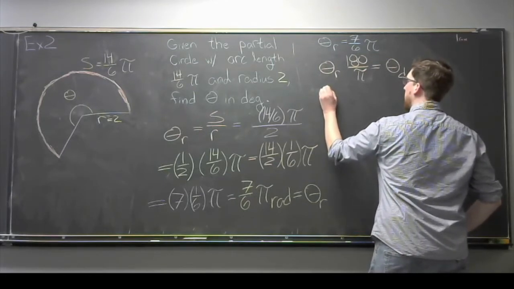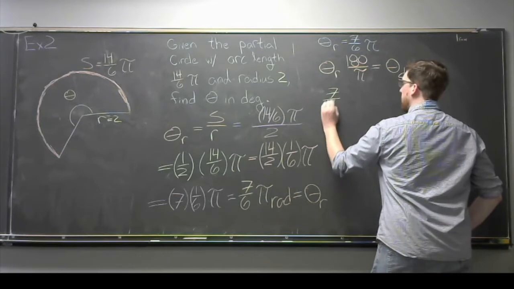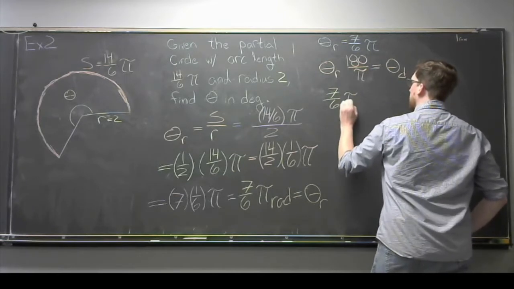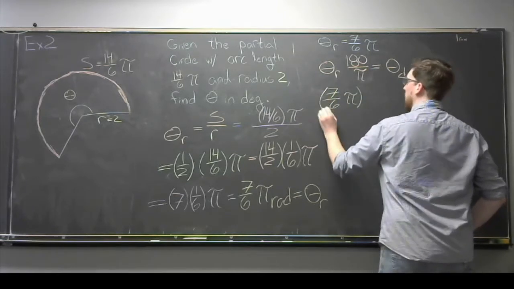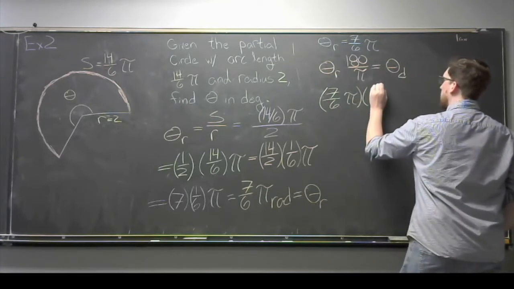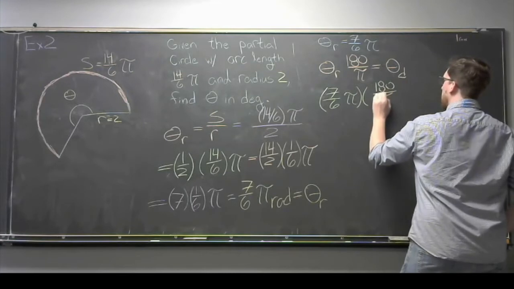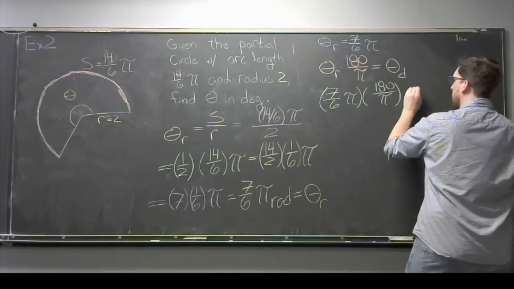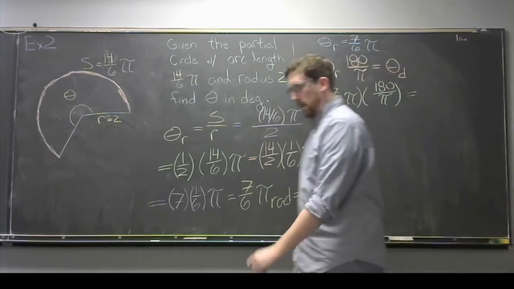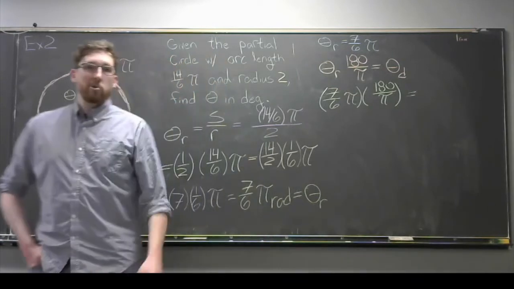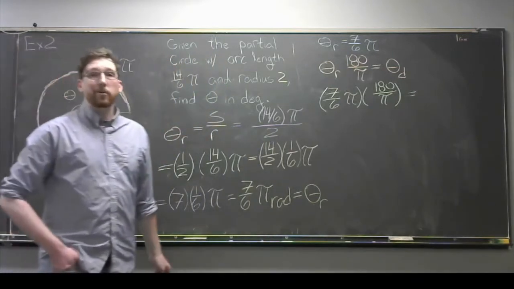So we're going to have 7 divided by 6 times pi, times 180 over pi. Well, notice the pi's cancel, don't they?